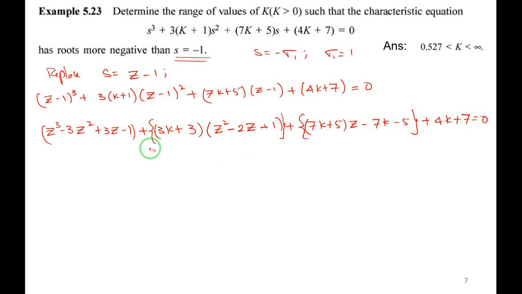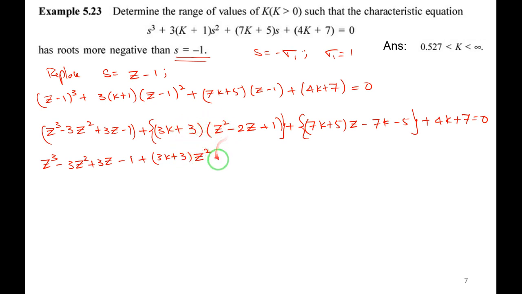Let me separate out the z square terms and all those things, right? So z cube minus 3z square plus 3z minus 1. Let me multiply 3k plus 3 into z square. If I am making any mistake, no problem.